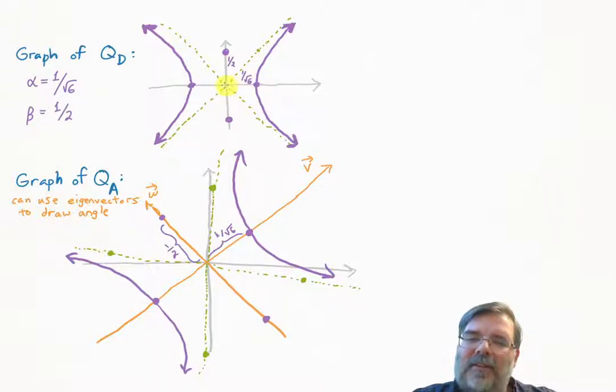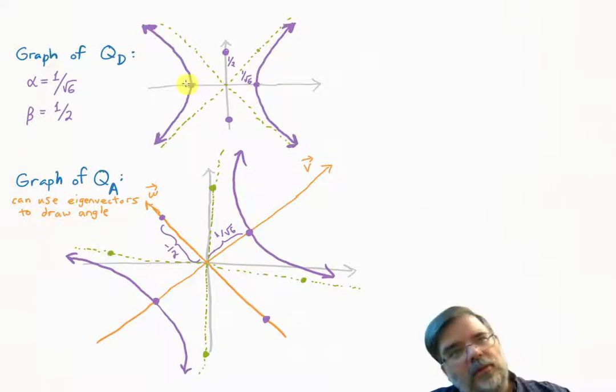So alpha, this distance to here, is 1 over radical 6. And then the distance along this axis, beta, is 1/2. I'm going to draw this point right here, which lies above alpha and across from beta. I'm going to draw these asymptotes. And then, starting at this point I know is on the graph, I'll draw some curves, and the lines approach those asymptotes like so. That's the graph of QD.